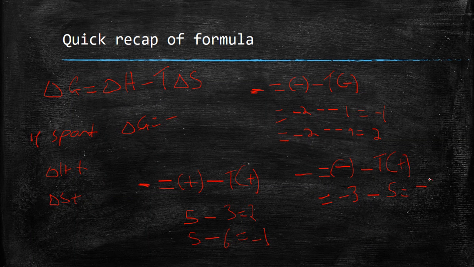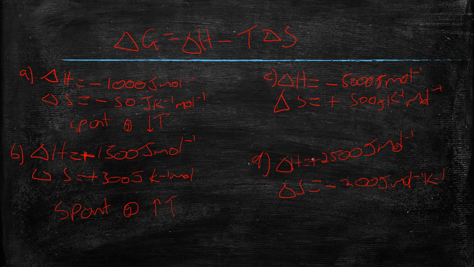That's going to be negative 8. What happens if I increase T? Negative 3 minus 10 equals negative 13. How about if I decrease T? Negative 3 minus 1 equals negative 4. No matter what I do, if I subtract a positive value from a negative value, I'm always going to get a negative value. And so C here is always spontaneous.